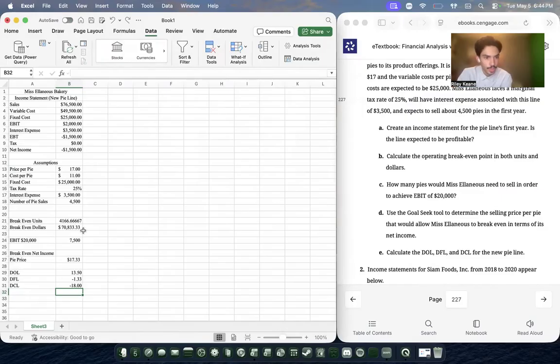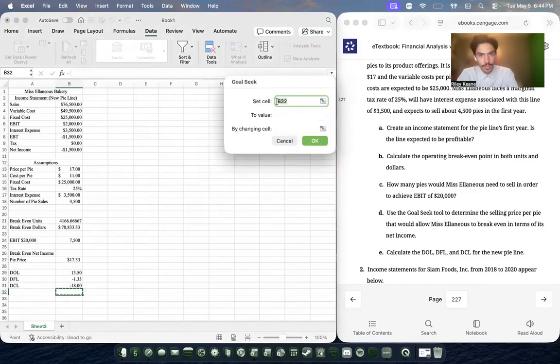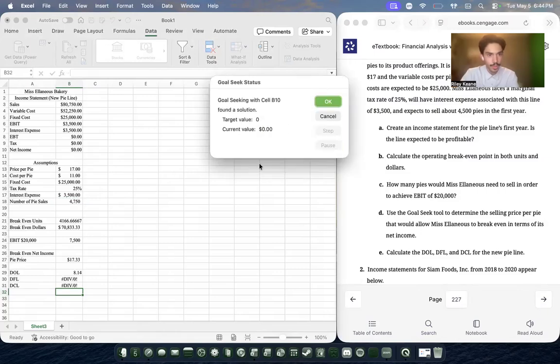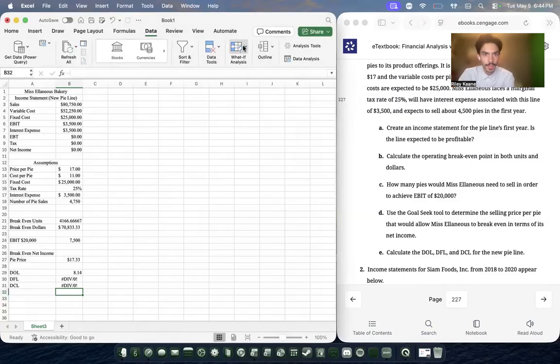If we were to set this to zero and change the number of pies we sell, we would need 4,750 pie sales to get our net income to zero.